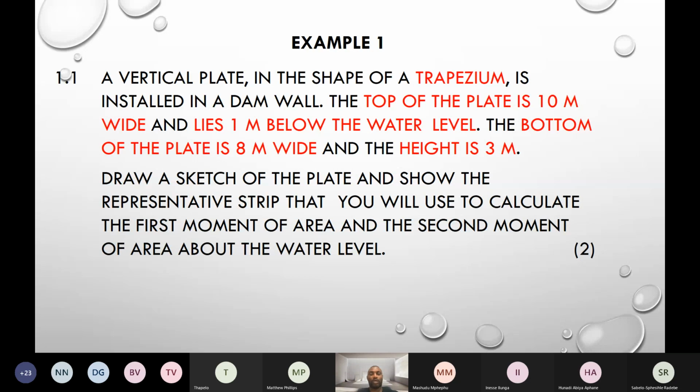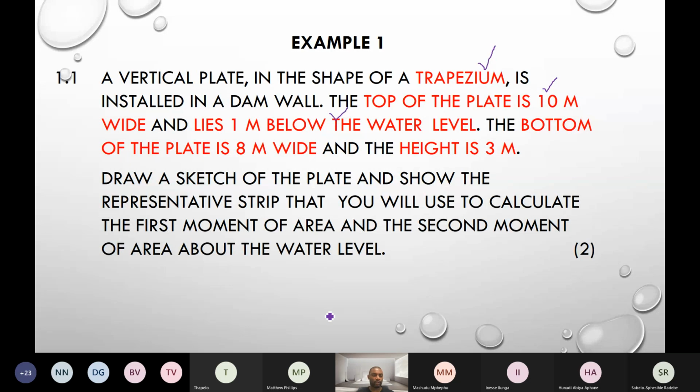So this is how we do it. I highlighted in red the key parts of this question. Let me be ticking as we're doing it. The first key part is that it's a trapezium. You need to know what shape it is. The second part is that the top is 10 meters wide. The third part is that the top lies 1 meter below the water level.